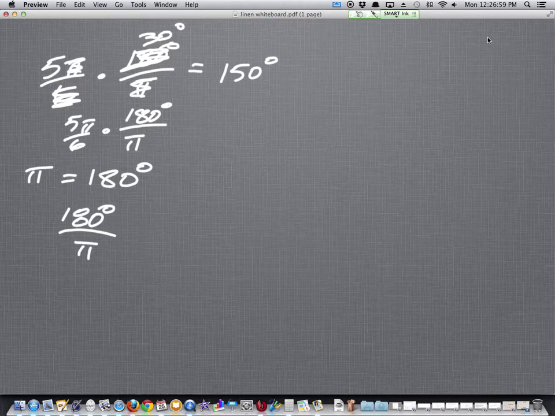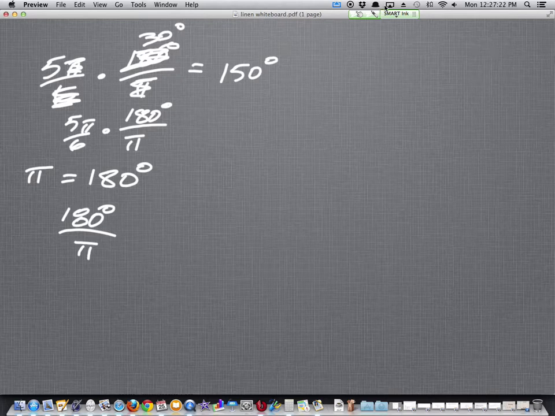Pi over 180. If I want to change radians to degrees, what do I multiply by? 180 over pi. Okay, and who can explain how an angle measured in radians is measured? It is the length of the arc length divided by the length of the radius. That's how radian measure comes about. All right, so there's our first one.